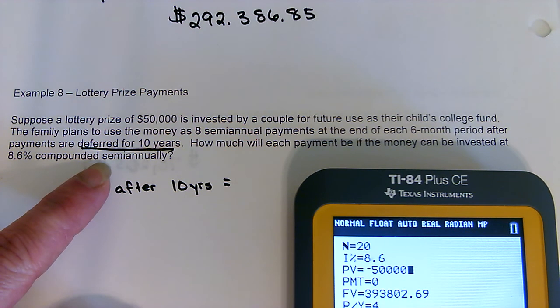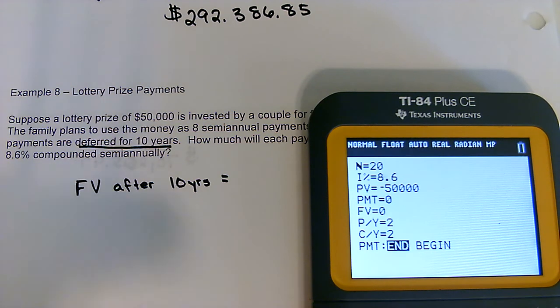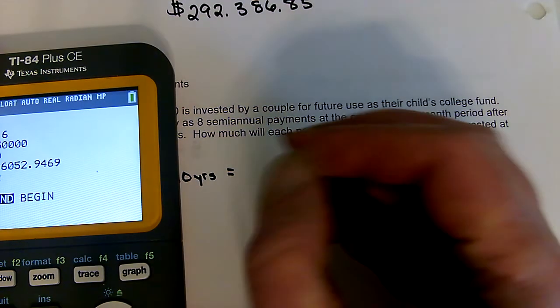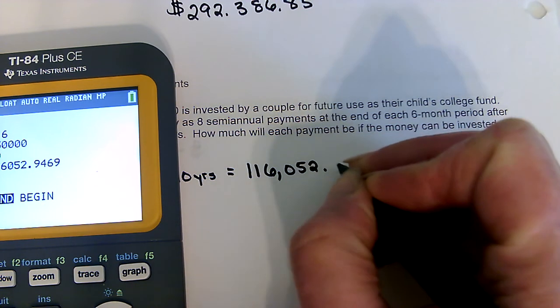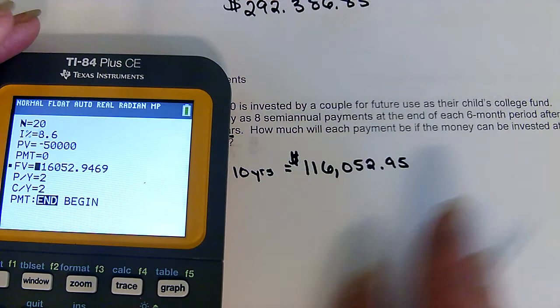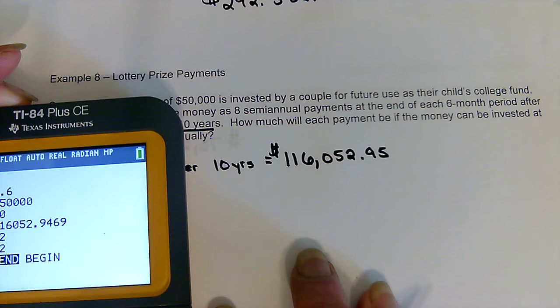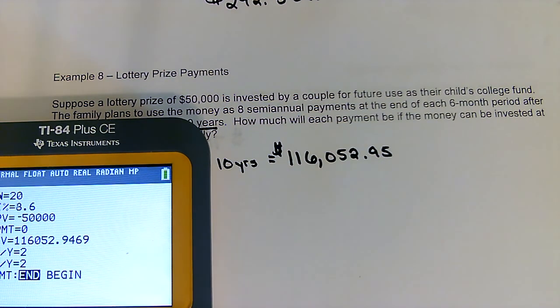The present value is $50,000. Compounded semi-annually, and it did say end on this one, so that's good. The future value of that investment is going to be $116,052.95.